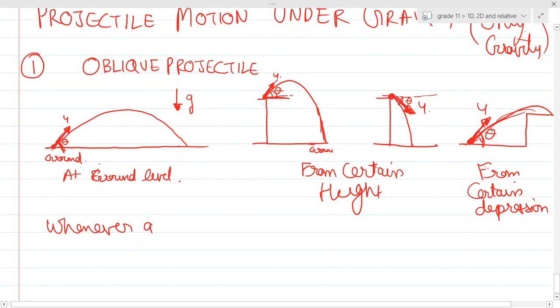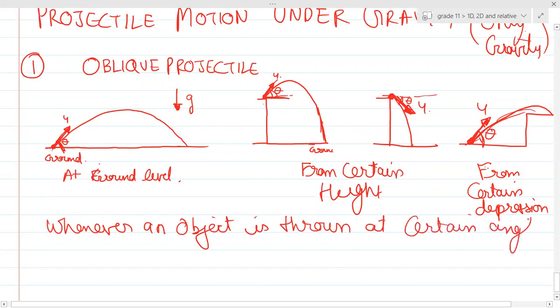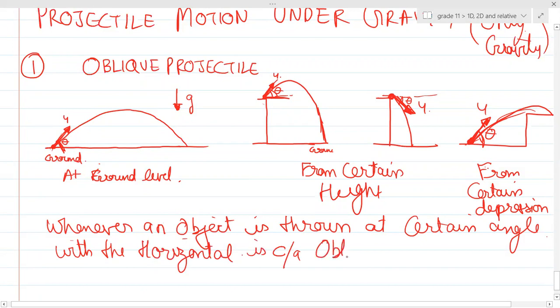Whenever an object is thrown at a certain angle with the vertical, or generally the horizontal, we measure the angle from the horizontal, it is called an oblique projectile. Is this clear, guys? Can you understand all the cases?